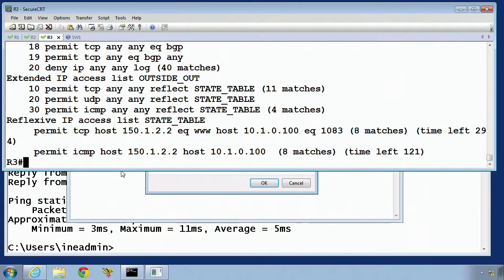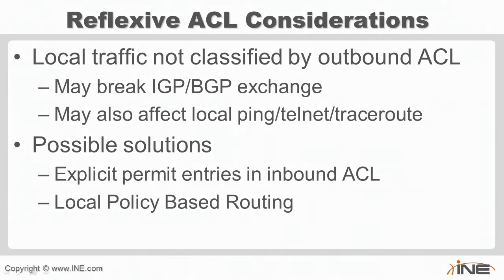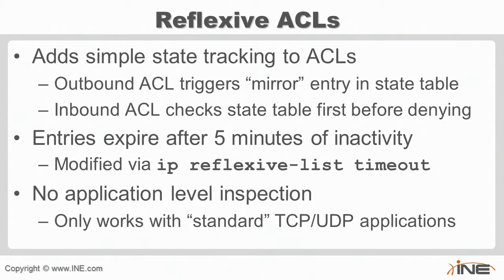Now again, one of the issues besides the locally originated traffic here that we have with the reflexive access list is that it is not application aware. So it only works with standard TCP and UDP applications. Like in the case of web browsing, that's going to be traffic going to port 80, and the return flow is going to be sourced from 80.